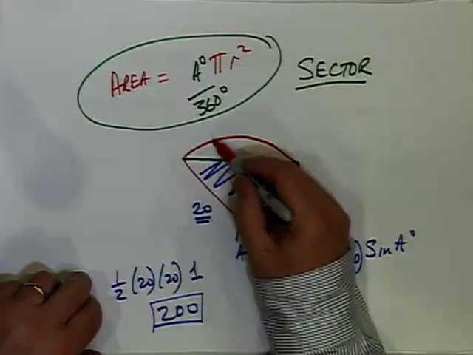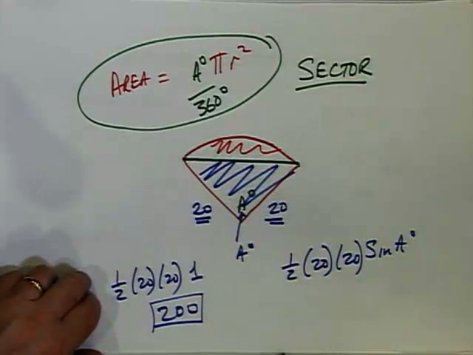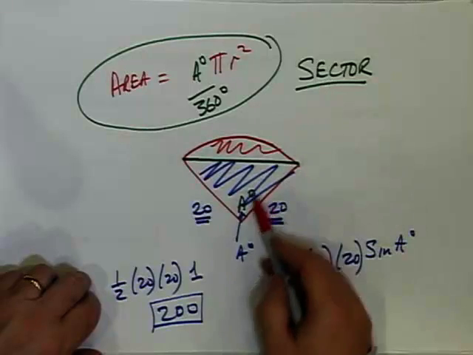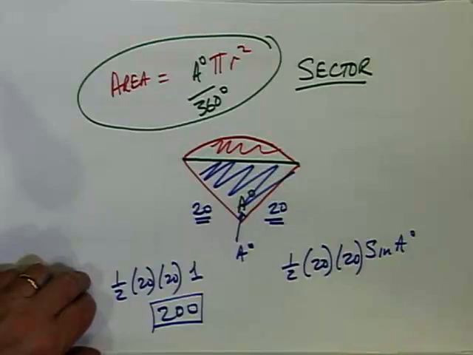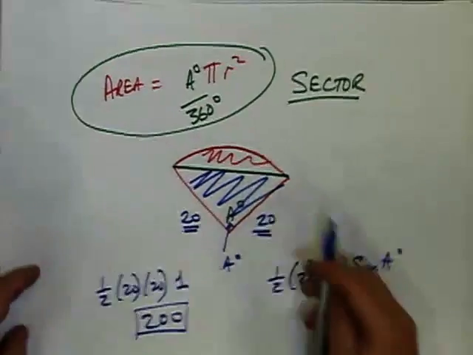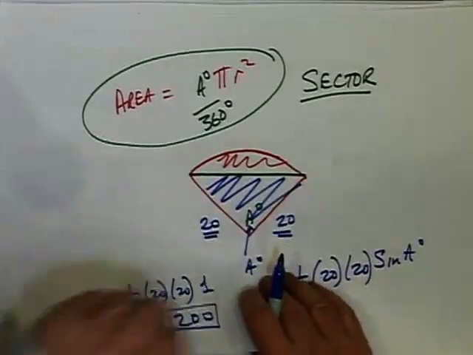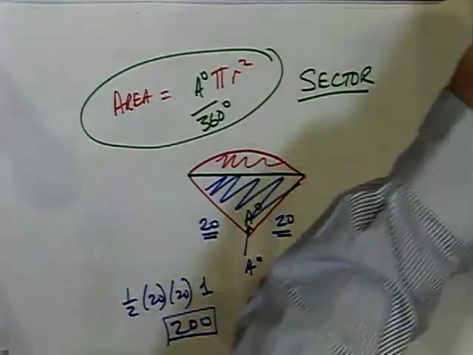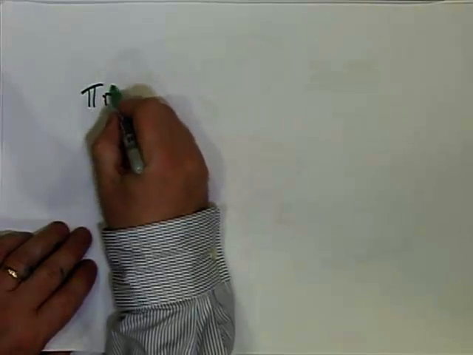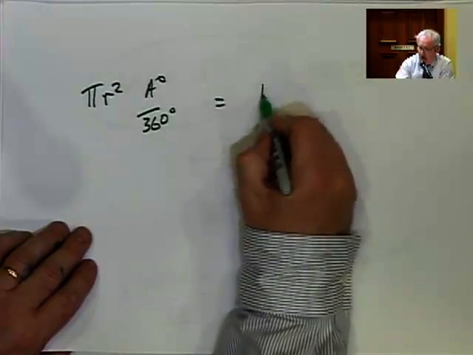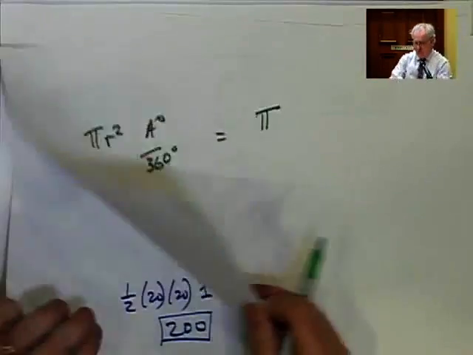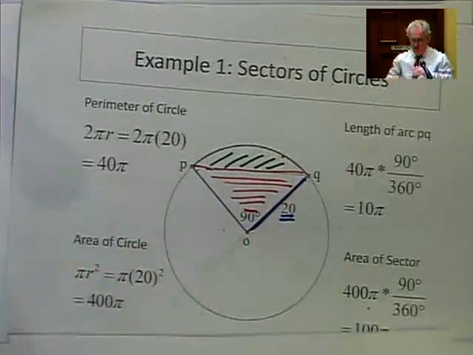Now, what's the area that's left? It's the sector minus the triangle, isn't it? Because it's the sector bit minus the triangle bit. The sector we found was pi r squared. So let's look at that. The area of the sector was pi r squared times A over 360. The radius, we were told, was 20.